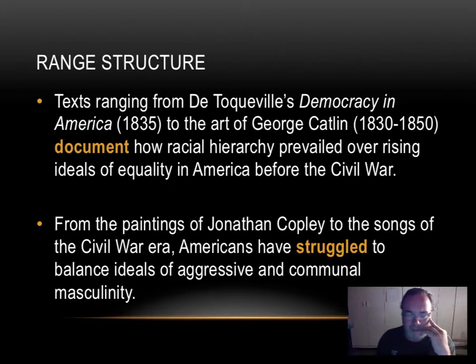The second example we want to look at is, again, a group of paintings, Jonathan Copley, with some Civil War songs. And here we see the writer positioning America in a balance, talking about how Americans struggle to balance these two forms of masculinity. So those are both range structure thesis statements.